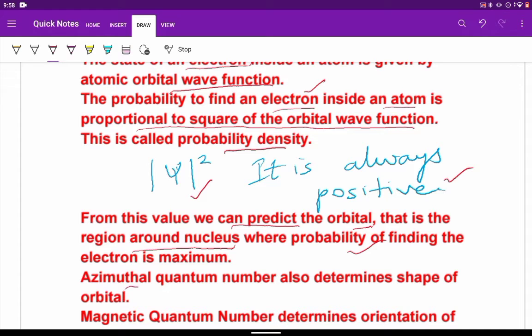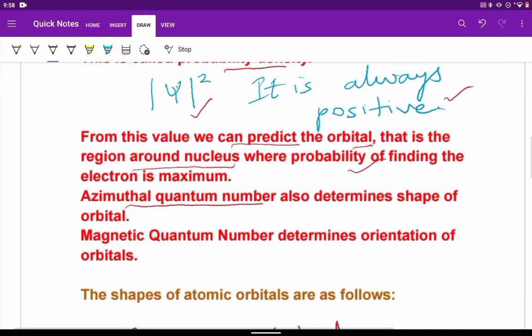We have a concept of azimuthal quantum number. Azimuthal quantum number determines the shape of the orbital, whereas the orientation of the orbital is given by the magnetic quantum number.